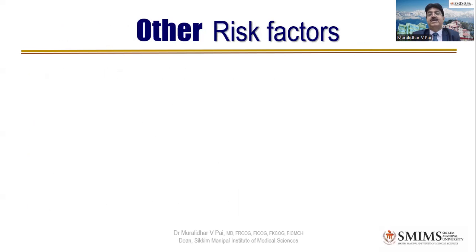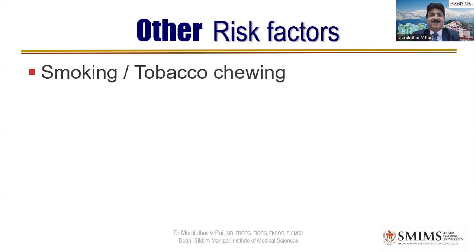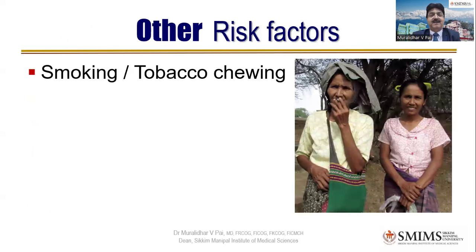So after dealing with the four types of risk, that is universal risk, previous pregnancy risk, current pregnancy risk, and previous surgery risk, now I come to other risk factors. What are these other risk factors? These are lifestyle factors. Don't think that smoking is only done by men. In fact, now men have stopped smoking, especially among the youth.